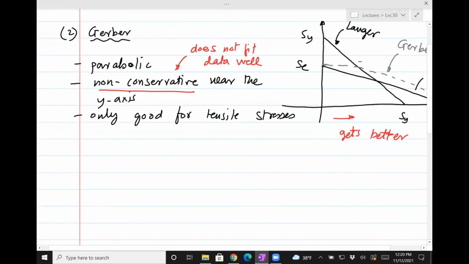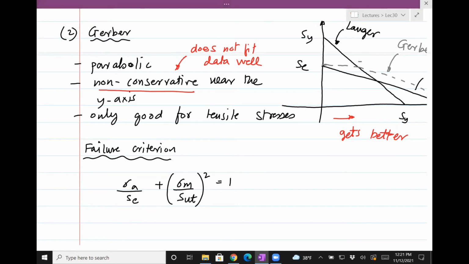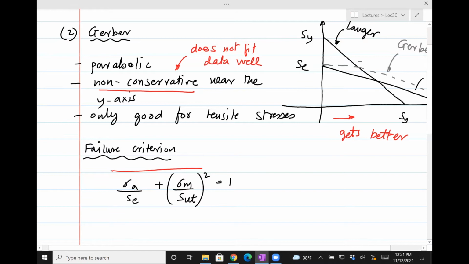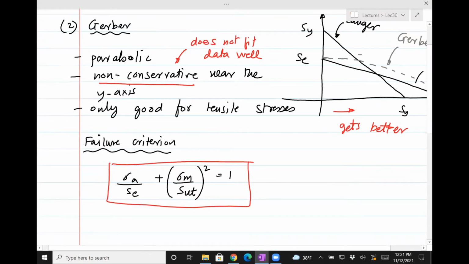So the failure criterion, the equation of the line, is sigma A divided by SE plus sigma M divided by SUT, squared, equals 1. Now, how would you use it for design?